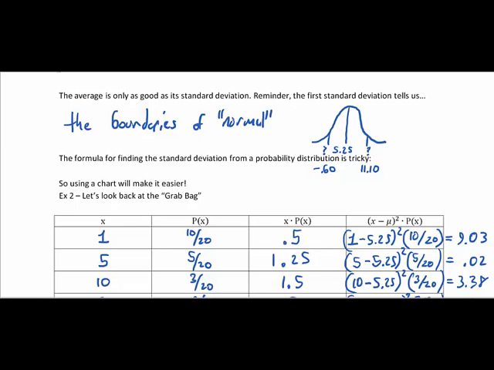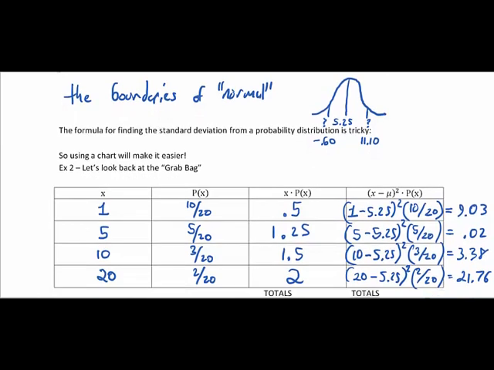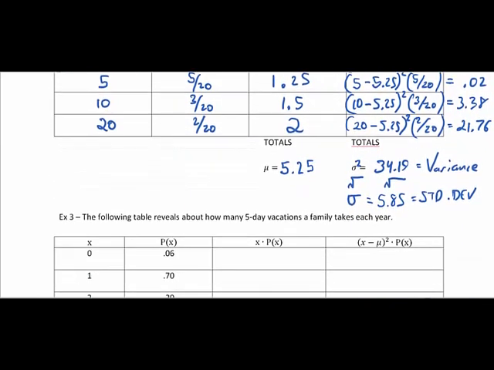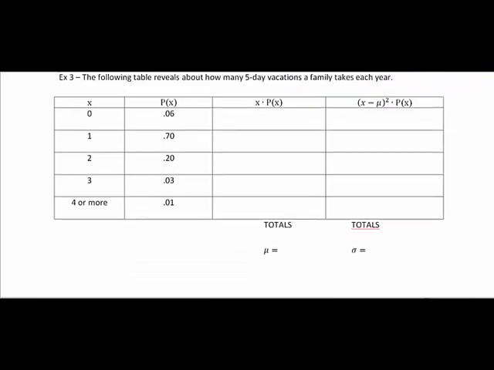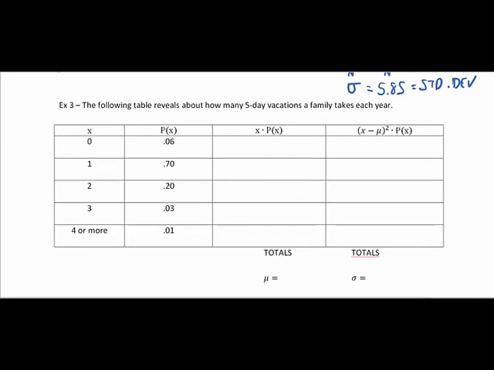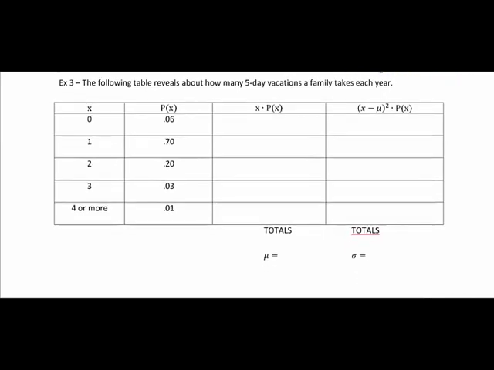I'd like to do one more example from this kind of a setup here, and I want to do it with vacations. So let's take a look at families who take vacations. Now, this table reveals about how many 5-day vacations a family takes each year.